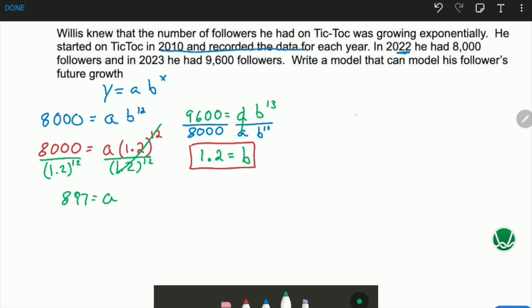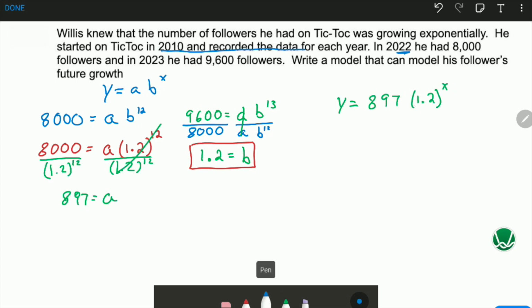So overall, the equation to model the situation would be y equals 897 times 1.2 to the power of x. I think I keep saying 8,000.